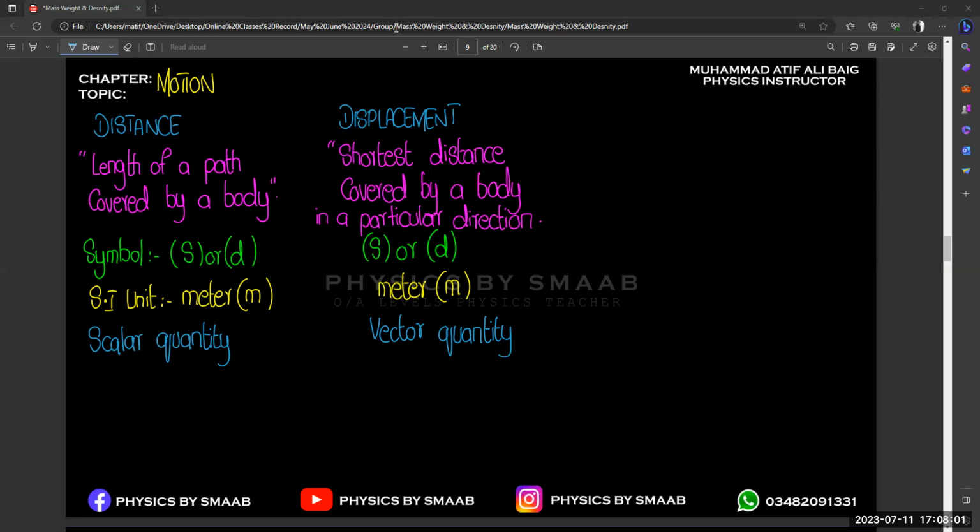Okay, so after that, in these quantities, we only talk about the length or path covered between two points. Length is a basic quantity, not a derived quantity.